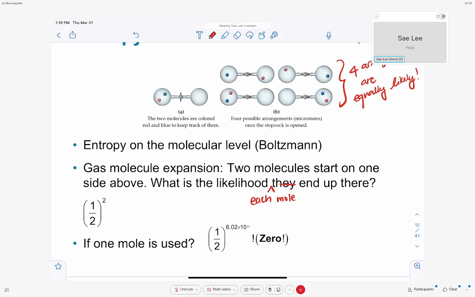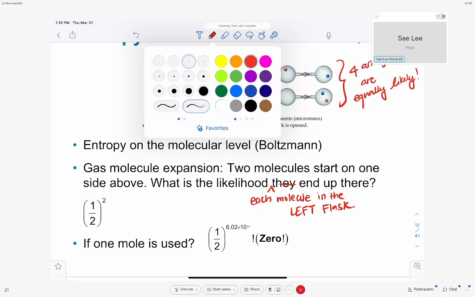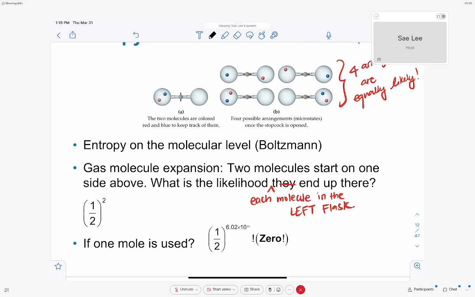Each molecule in the left flask is going to be 2 out of 4. Oh, my bad. I'm sorry.